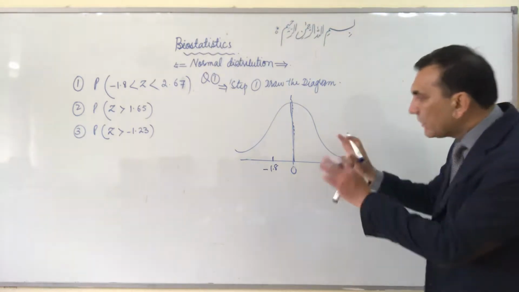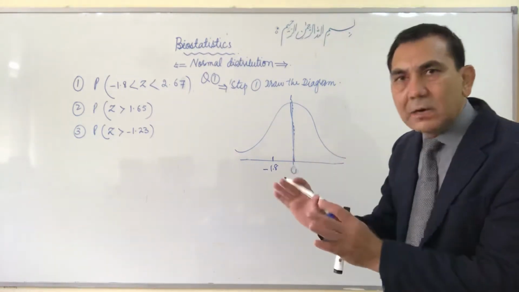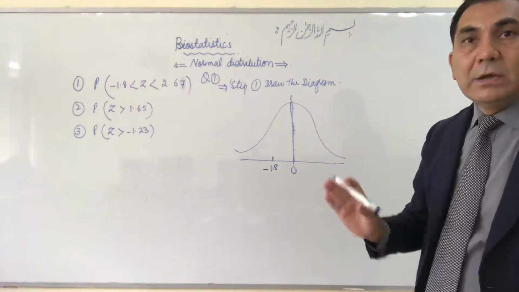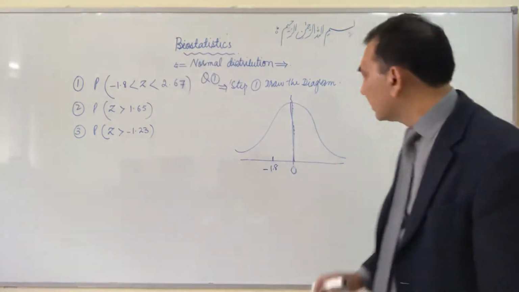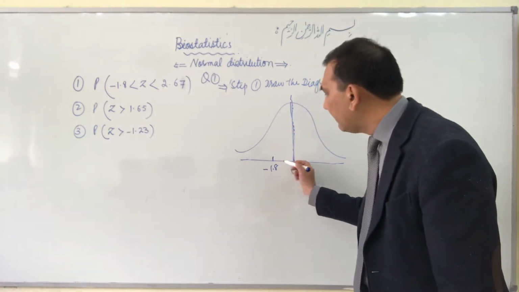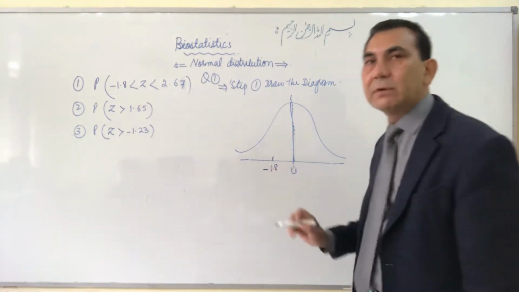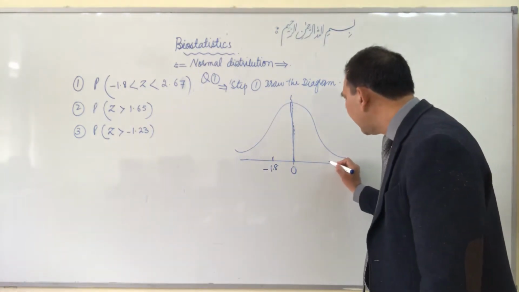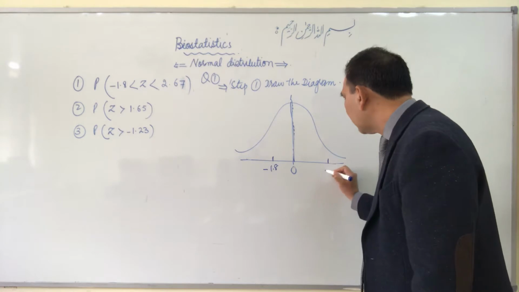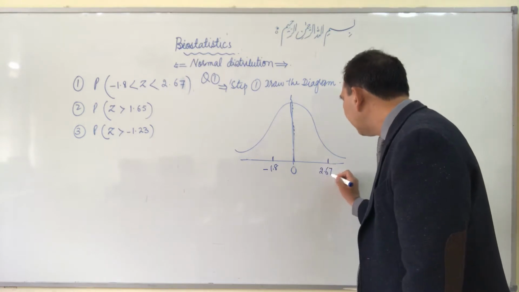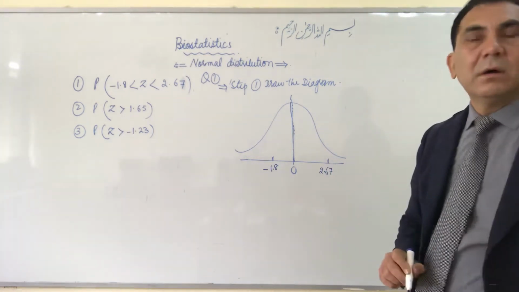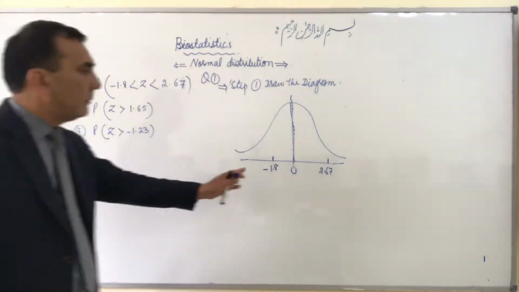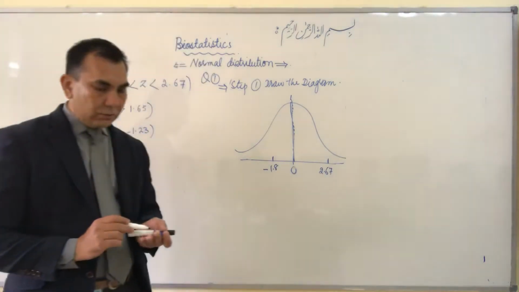First of all, draw the diagram. In the diagram, you should mark the area which is given in the question. So minus 1.8 will be marked on the left side of the bell shape, and 2.67 is a plus value, so it will be written on the right side, around over here.